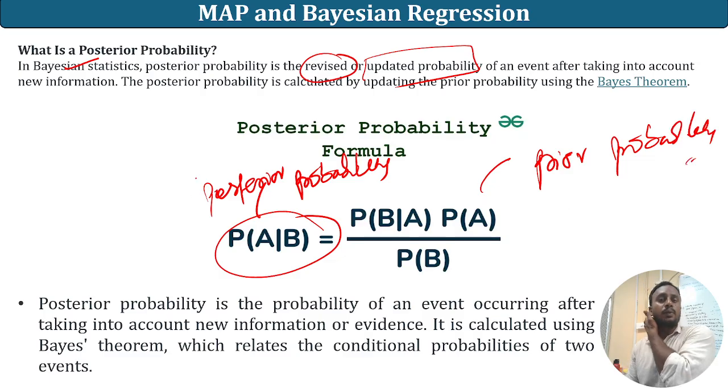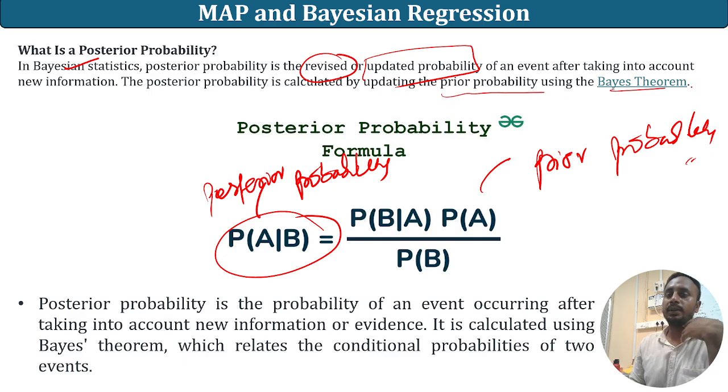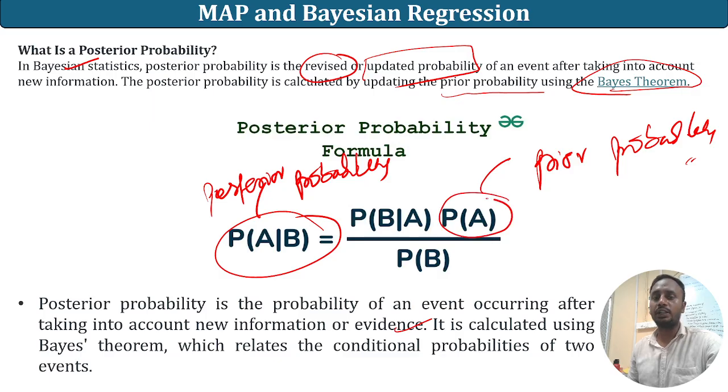The posterior probability is calculated by updating the prior probability using the Bayes theorem. It is the probability of an event occurring after taking into account new information or evidence. We incorporate the prior probability, and it's calculated based on the Bayes theorem, which relates to the conditional probability of the true event.